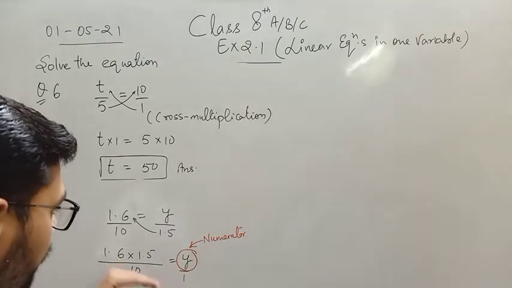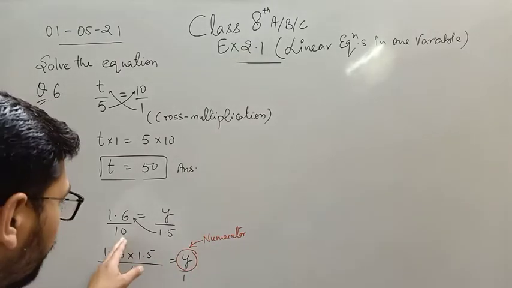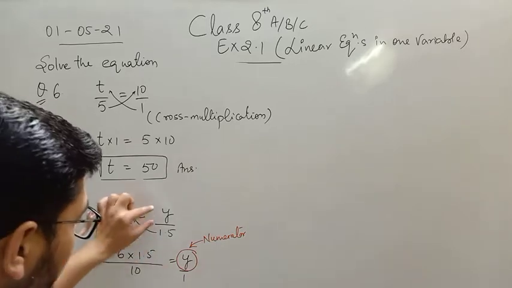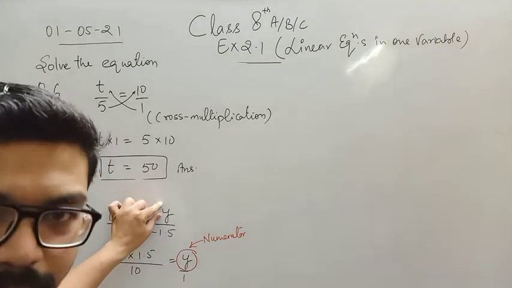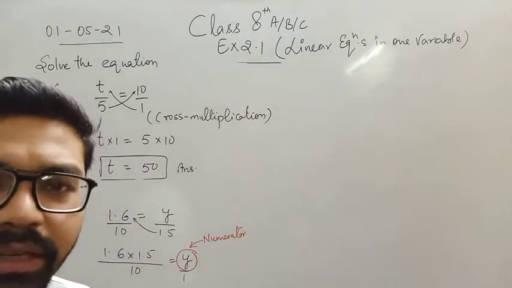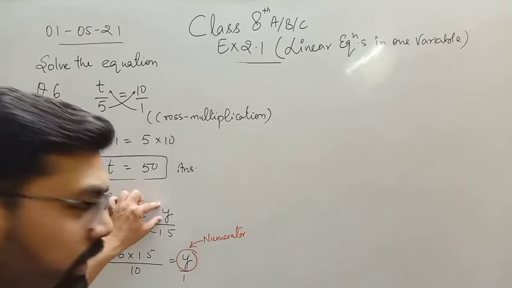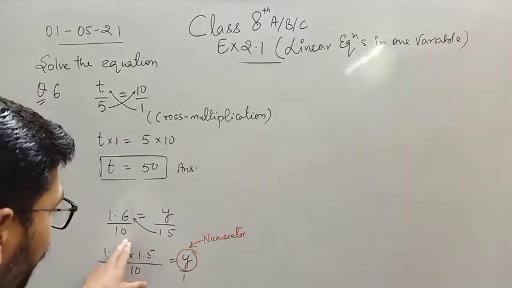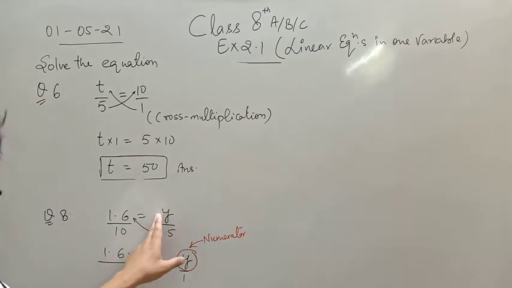Why I have said that no need to cross multiply 10 with y? The reason is I just want the value of y, not 10y. मुझे 10y की value find out नहीं करनी. I need to find the value of y.